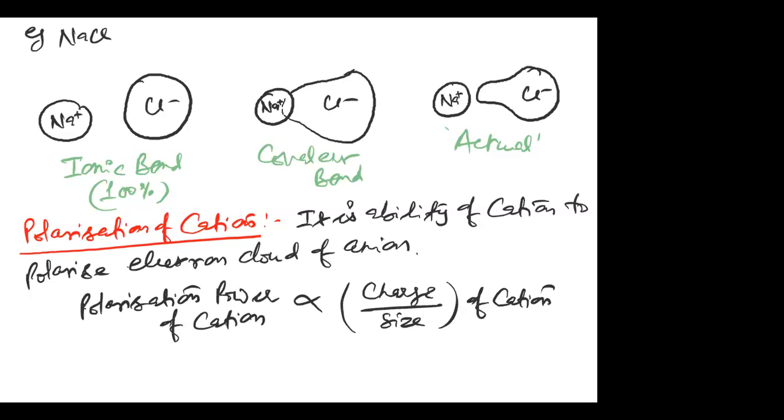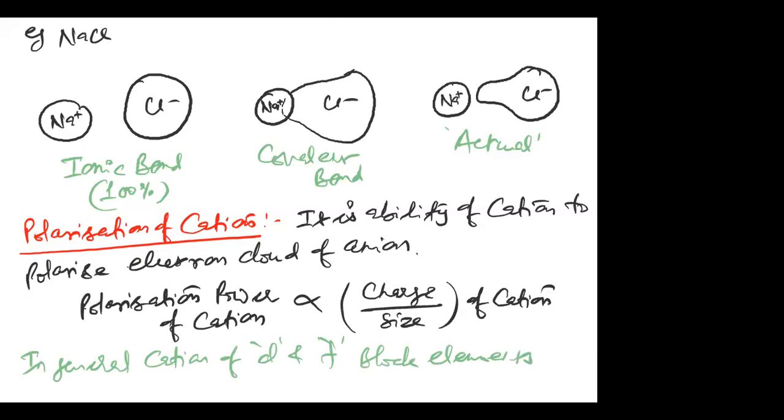Apart from that, if you see the order of polarization power, in general, cation of D and F block element has more polarization power than corresponding S and P block element.